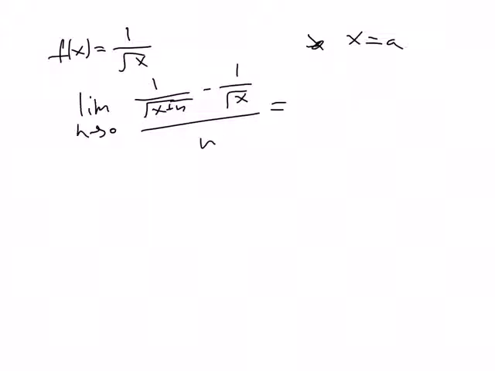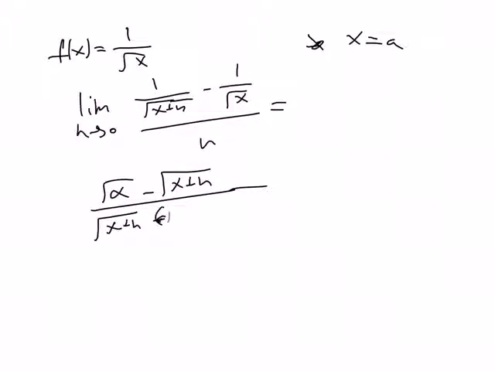So this is going to equal square root of x minus square root of x plus h over the square root of x plus h times square root of x, all multiplied by h.